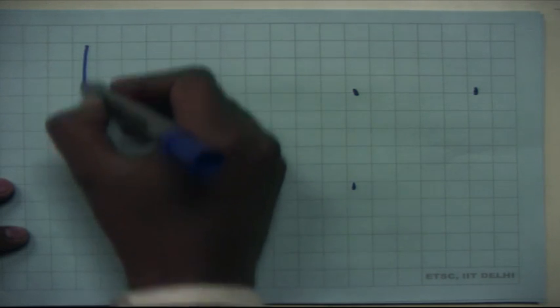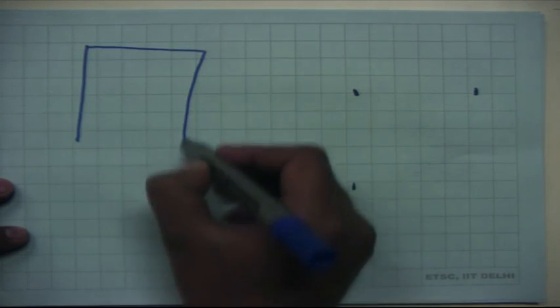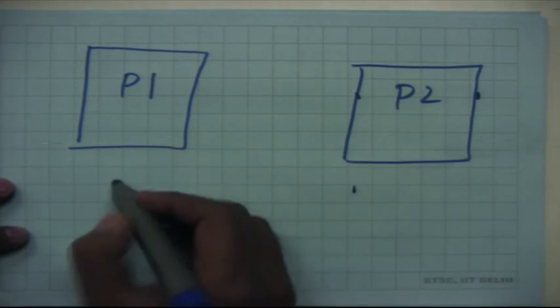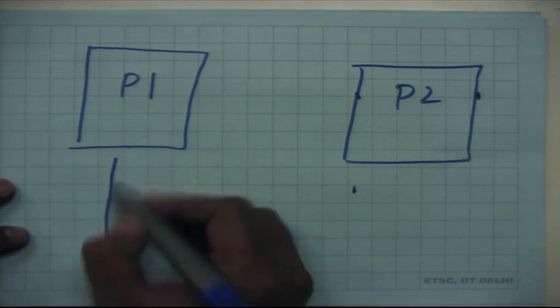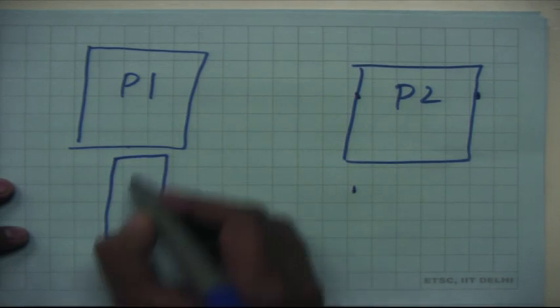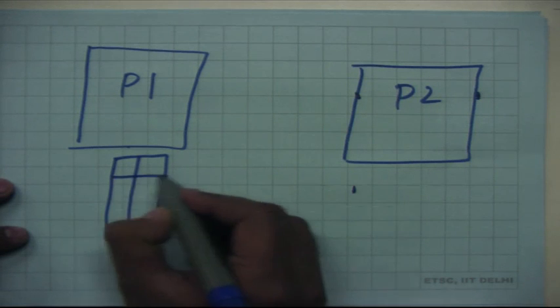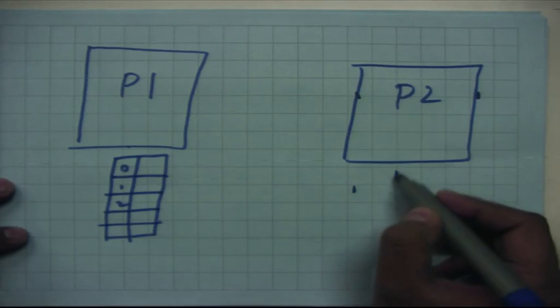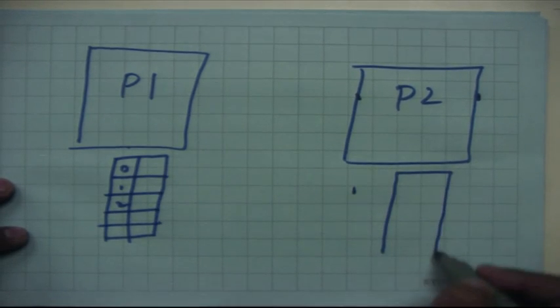So let me just draw the file descriptor table once again. Let's say this is a process P1, this is another process P2. There's a file descriptor table that's associated with the process P1, and there's a file descriptor table associated with process P2.